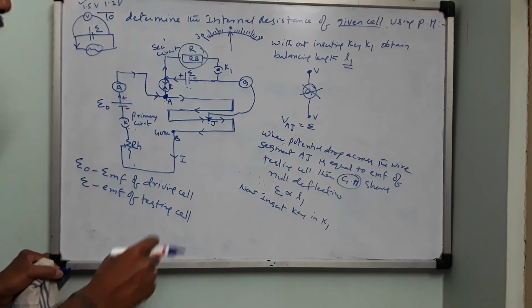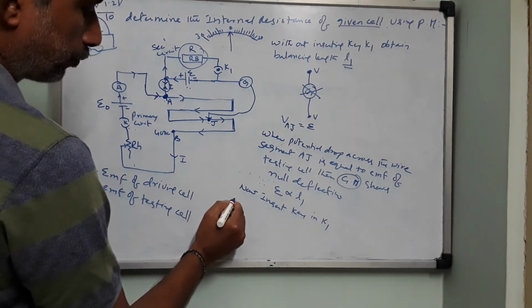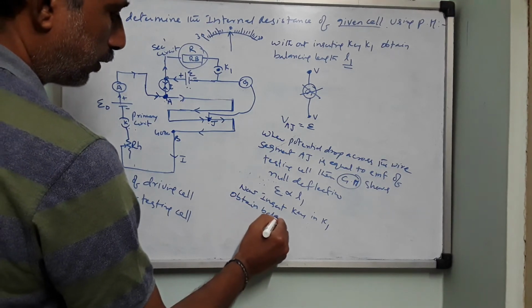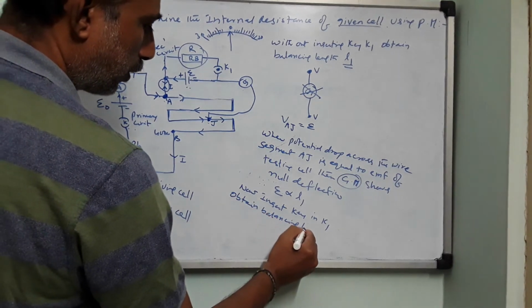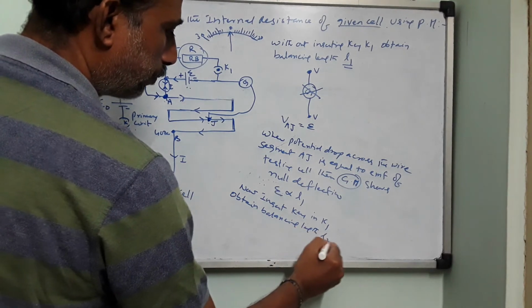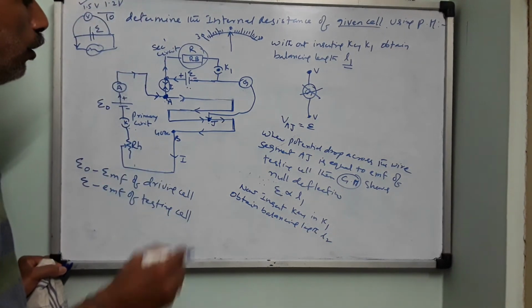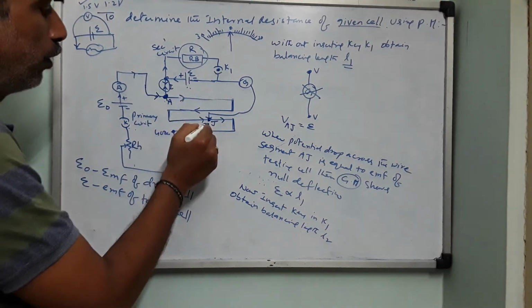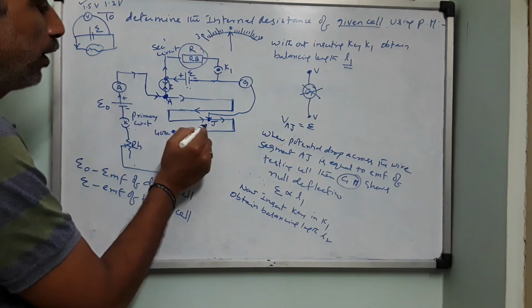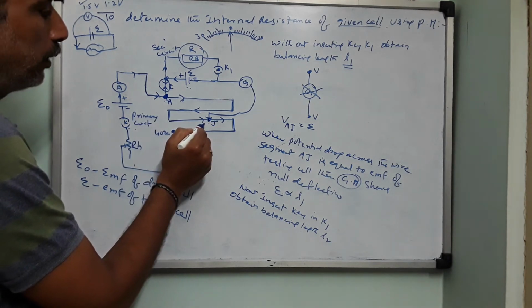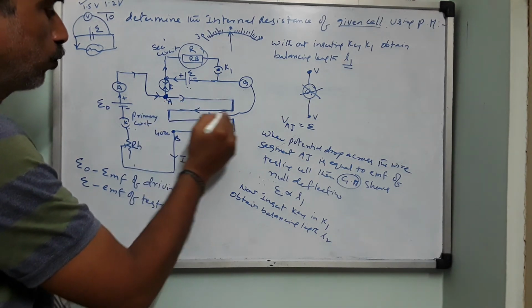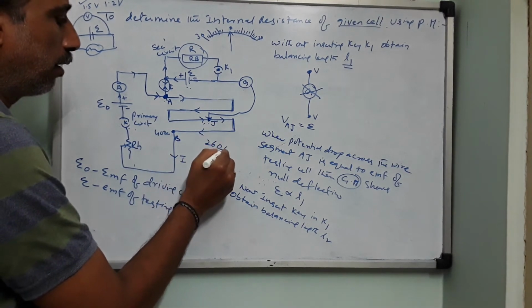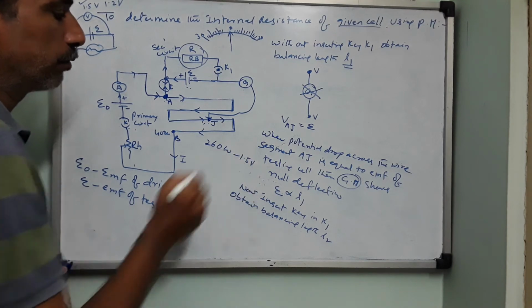So therefore now obtain the balancing length L2. To balance a potential difference of 1.5 volt, you are using the wire AJ. Maybe this is a 100 centimeter, 200 centimeter, 260 centimeter wire, which balances 1.5 volt.